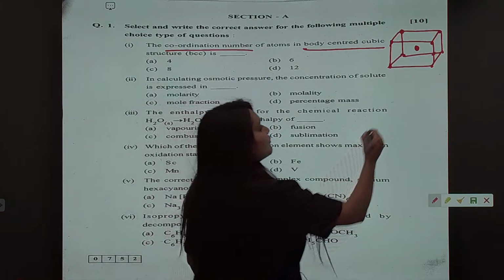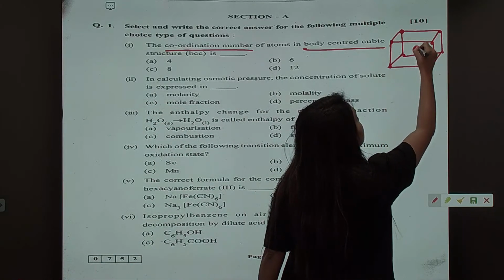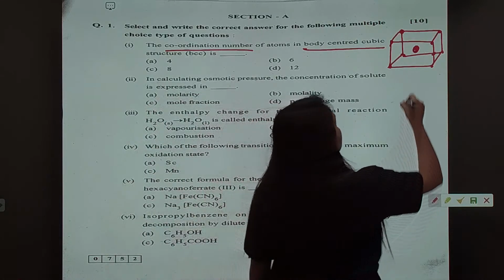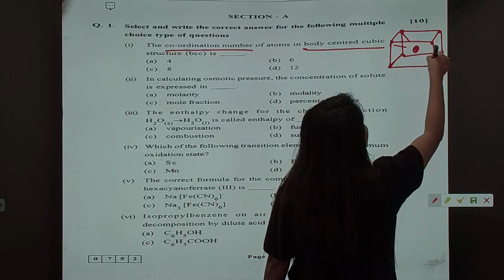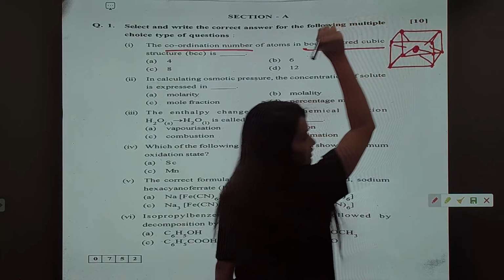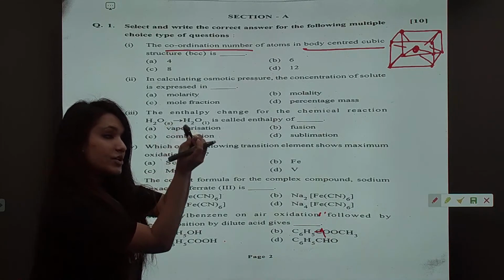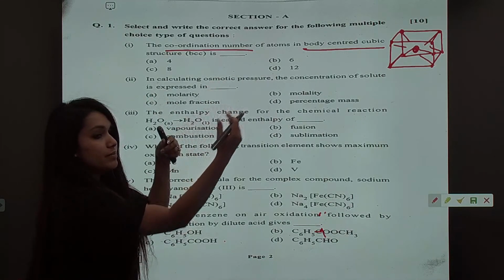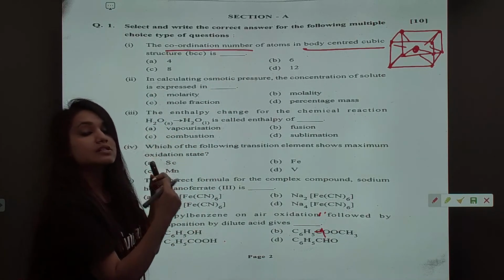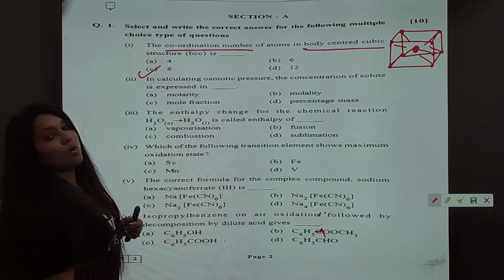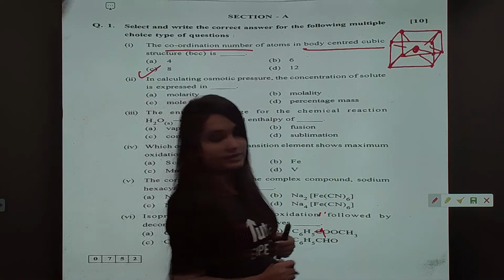So, if I have to figure out the coordination number of this atom present at the center of the body, let us see how many atoms are surrounding it. 1, 2, 3, 4, 5, 6, 7 and 8. Because there are 8 corners and the atom at the center of the body is surrounded by all these 8 atoms present at the vertices of the cube. Therefore, I can say that the coordination number of BCC is going to be 8.